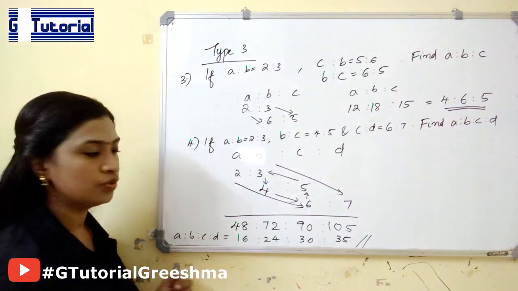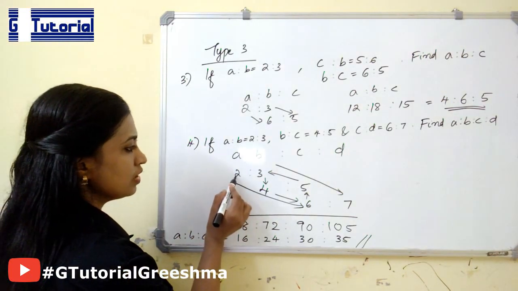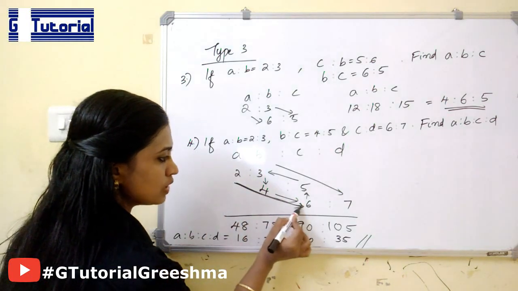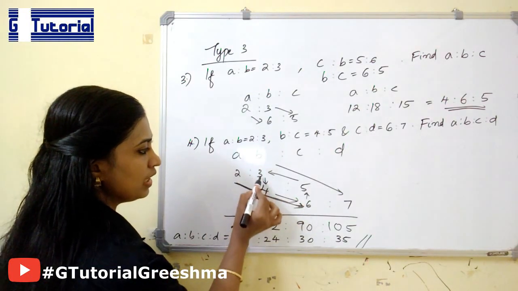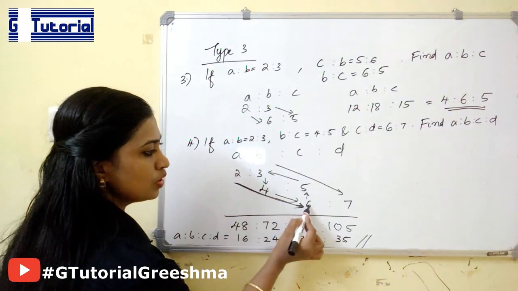What you should do: A is 2 into 4 into 6. Then B is 3 into 4 into 6.